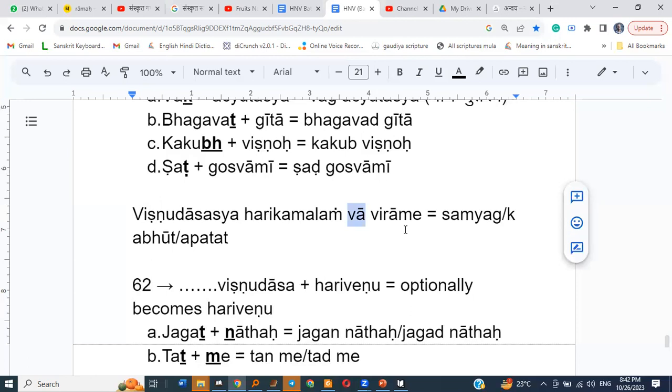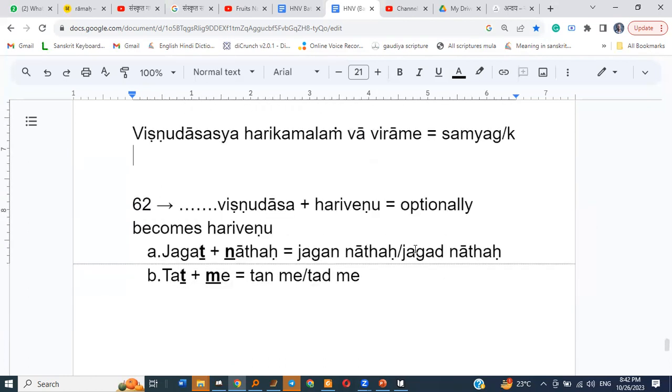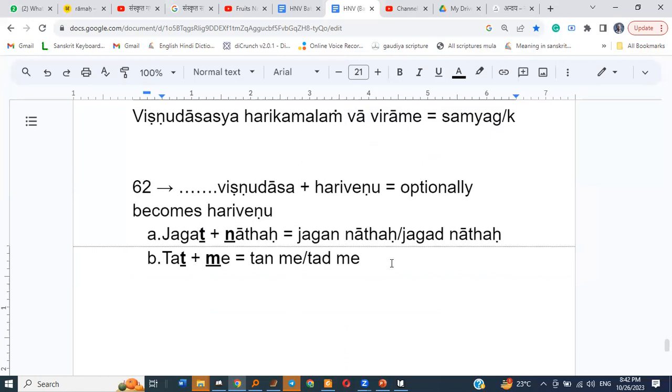But in Akhyata Prakaranam, in the verbal section, it's not optional. It is compulsory to change the last letter into a Harikamala. That's why you will see apatat, basically the Harikamala at the end. So just an extra thing here. Okay, that clarifies a lot. Thank you, Prabhu.